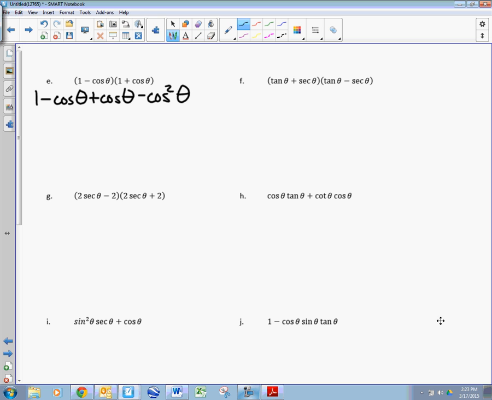You see that the cosines cancel. Who can tell me why the cosines cancel? These 2 are what we call, starts with a C, rhymes with, conjugates. Conjugates. And conjugates, when you multiply them, the middles cancel. So you get 1 minus cosine squared of theta. What's 1 minus cosine squared? Sine squared of theta.